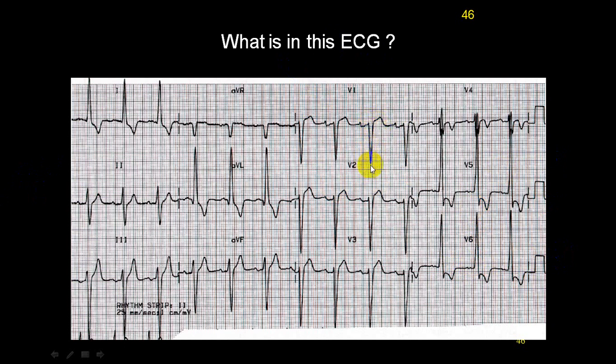So if you add this S plus R, more than 35, straightforward. But this itself, 1, 2, 3, 4, 5, 6, 30 small squares. This suggests that this is clear-cut LVH. And you can see that there is an ST depression with T wave inversion. This is called left ventricular hypertrophy with strain pattern. And you will also get a tall R wave in lead 1 and AVL, which is suggestive of left side lead.